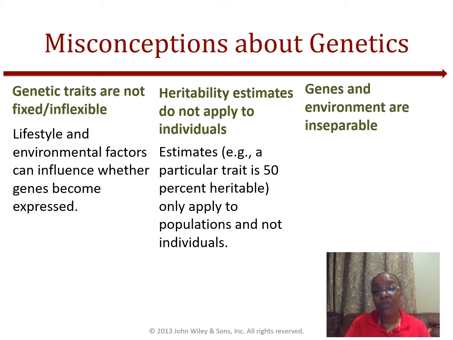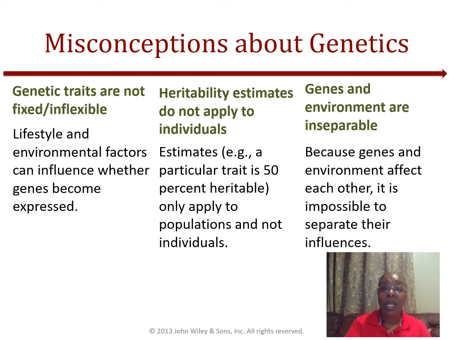If genetics contributed nothing to the trait, it would have a heritability estimate of 0. If a trait was completely due to genetics, it would have a heritability estimate of 100%.